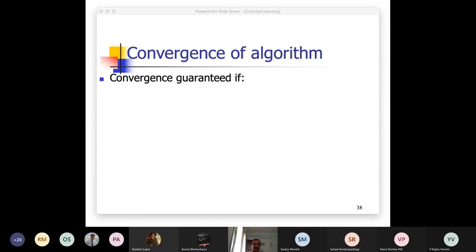So we are discussing the candidate elimination algorithm for computing the set of consistent hypotheses given training examples. In this case, we keep two bounds in the version space.